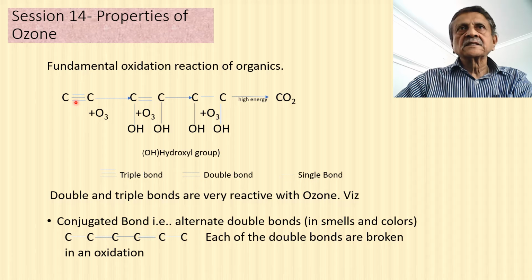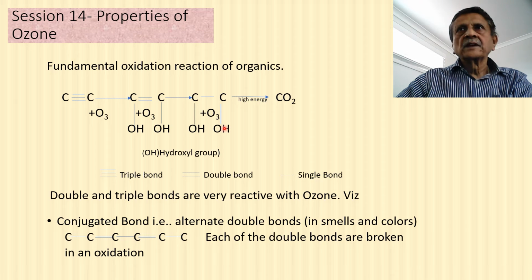if it has triple bonds, one of the bonds will be used up and ozone will react and form hydroxyl grouping. If you subject it further to ozone, then it will form another hydroxyl grouping and the double bond is broken up into single bond.